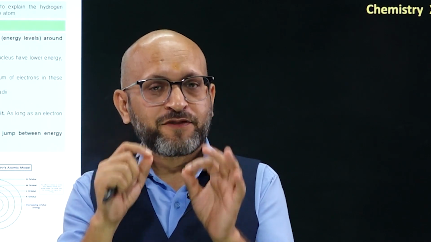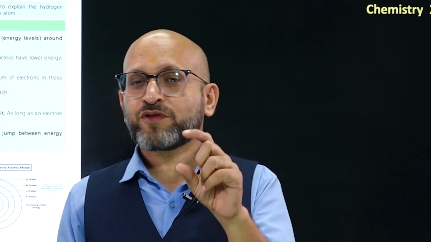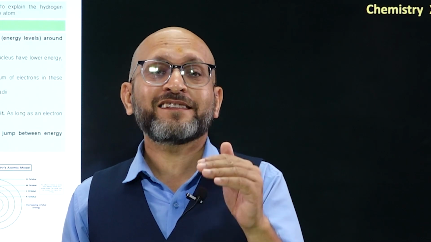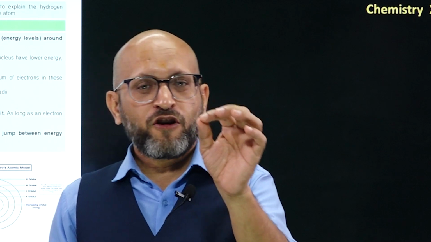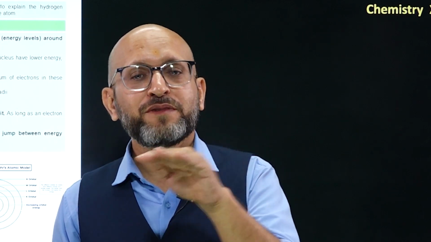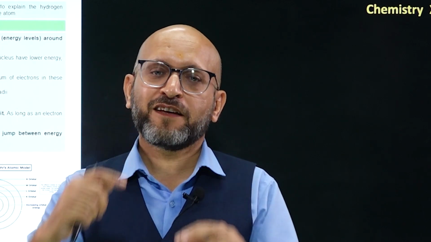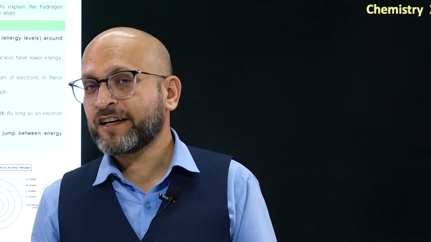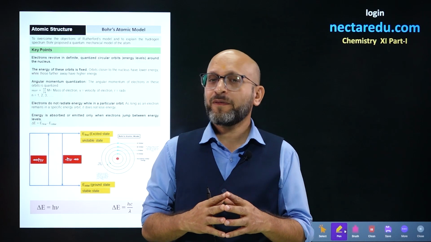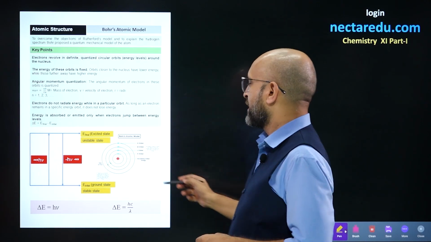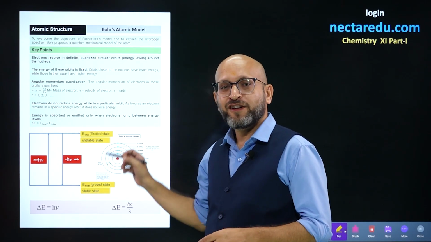That is why he gave another name to the orbit, and it was called a stationary state, because the energy of the orbit is stationary. Stationary means fixed. So how many names do you have for the orbit? Orbit is the circular path in which the electron revolves around the nucleus.